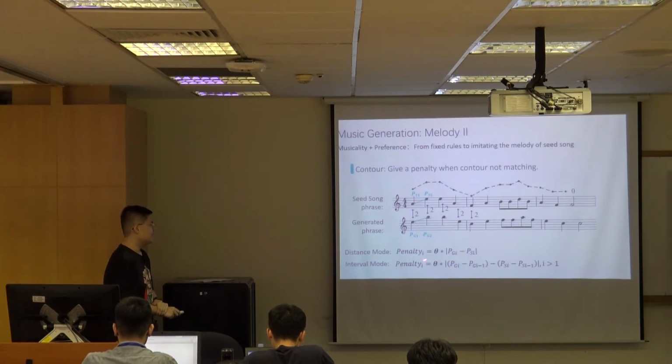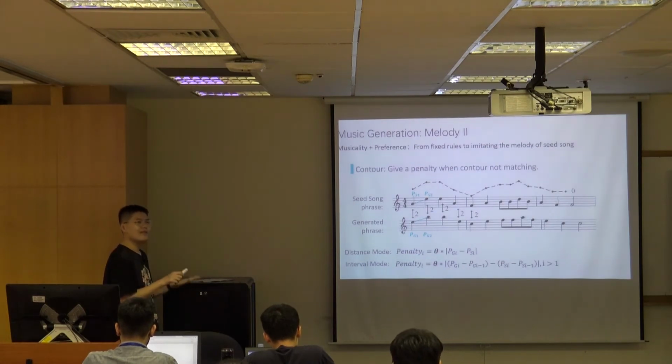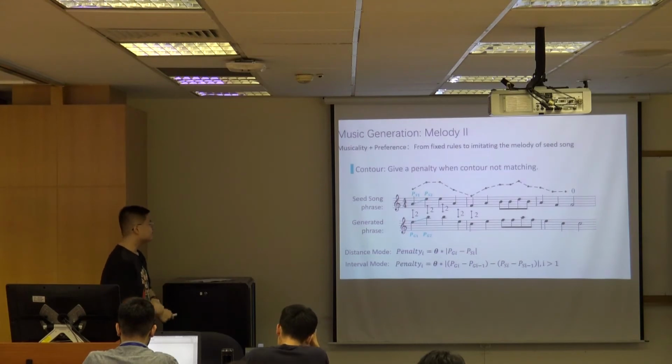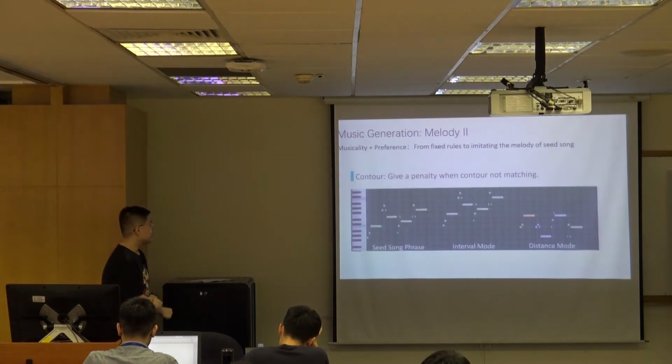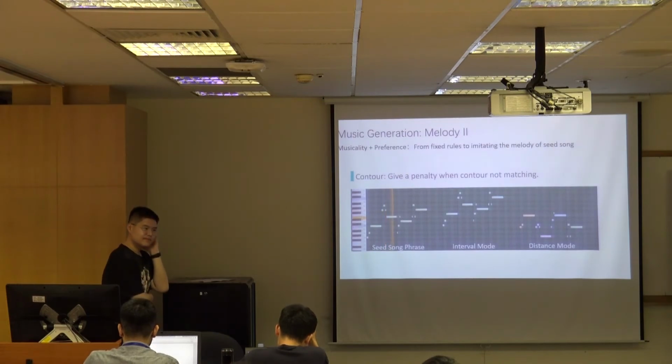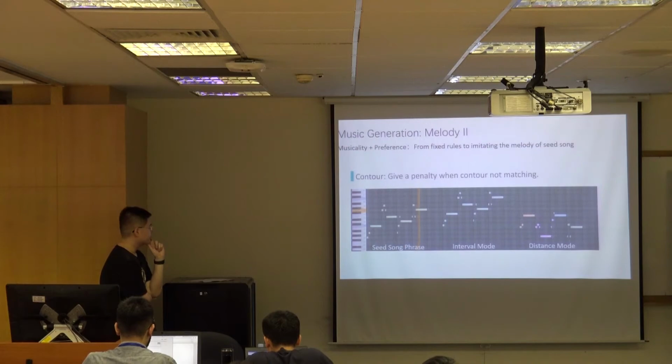So it's like a bias parameter along all the penalty functions. And here is an example of the contour similarities. And this is the melody of the sixth song.